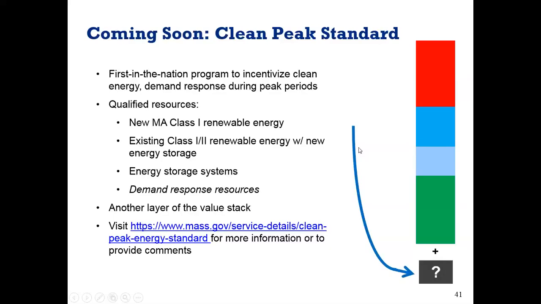So we're going to ask Brooks to talk about the Clean Peak standard briefly. Yes, just a preview of coming attractions. The Department of Energy Resources is developing a new Clean Peak standard, similar to the Renewable Portfolio Standard and the Alternative Energy Portfolio Standard for thermal resources. This is a first-in-the-nation program that will allow folks doing demand response or installing energy storage systems to get what are called Clean Peak certificates.